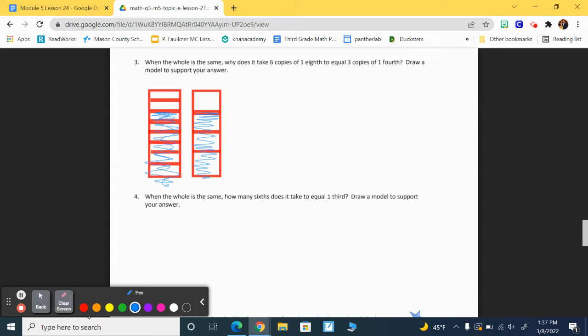So this would be 6/8. This one would say 3/4. So eighths are smaller than fourths, so you need more eighths to equal fourths. Eighths are half of fourths. So if you use 3/4, you double 3 to get 6. And so that is how you do that.